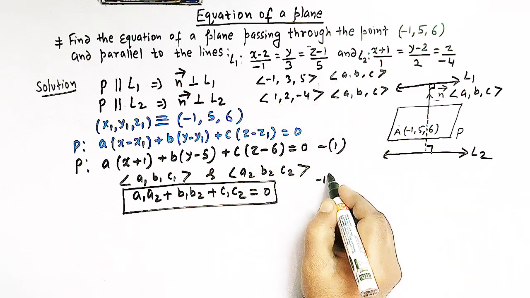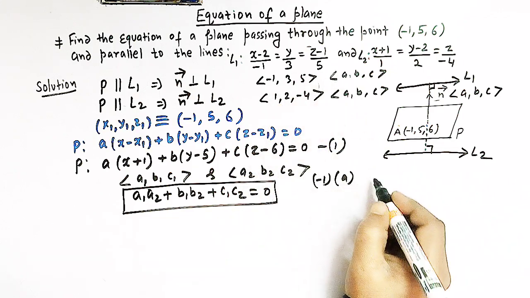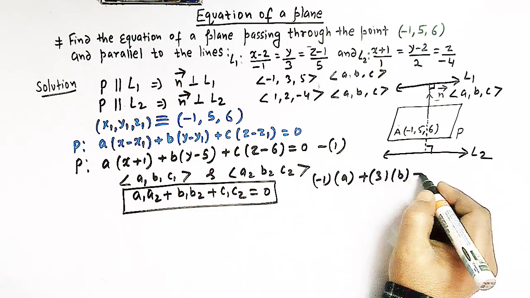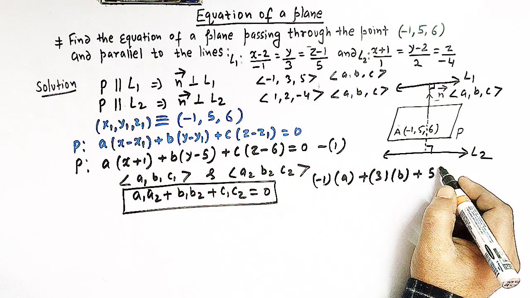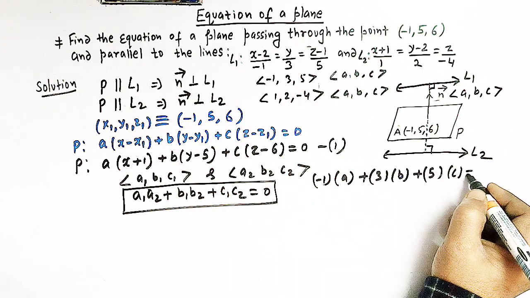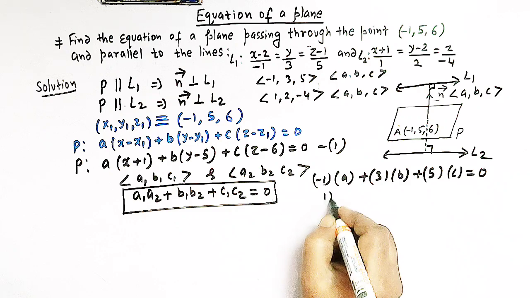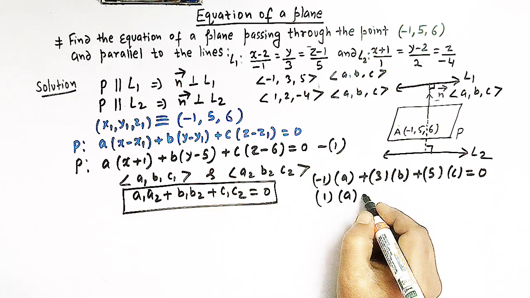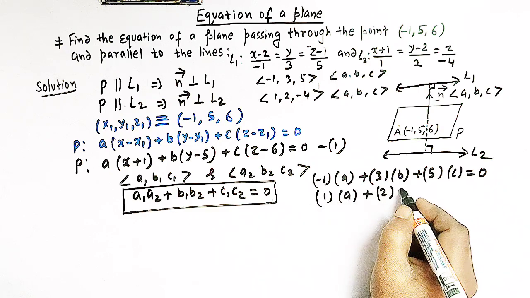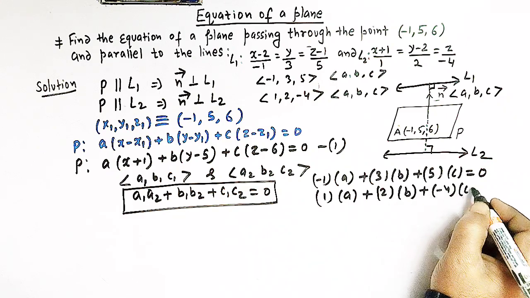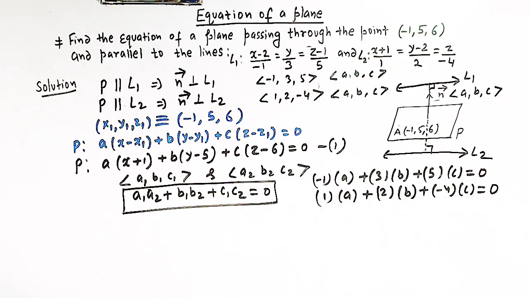So we have -1 times a plus 3 times b, and then we have 5 times c is equal to 0, and then we have here 1 times a, then we have 2 times b, and then we have -4 times c is equal to 0. So now we have two equations.